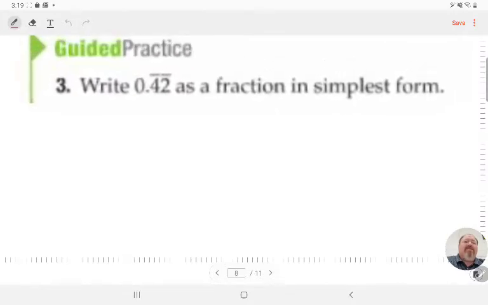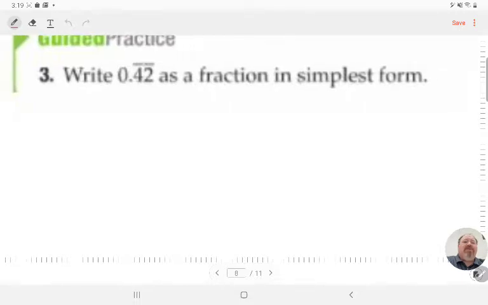All right. So we are to write 0.42 with the 42 both repeating as a fraction in simplest form. So again, step 1. Let's write this as n equals 0.4242 repeating. Okay? Now, we have 2 repeating numbers. So we will have to multiply this times 100.